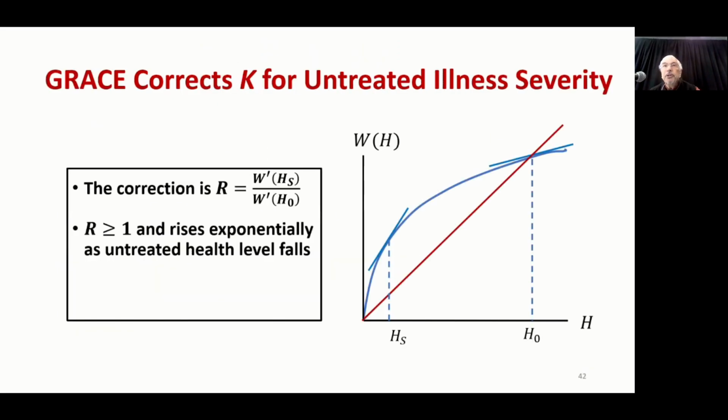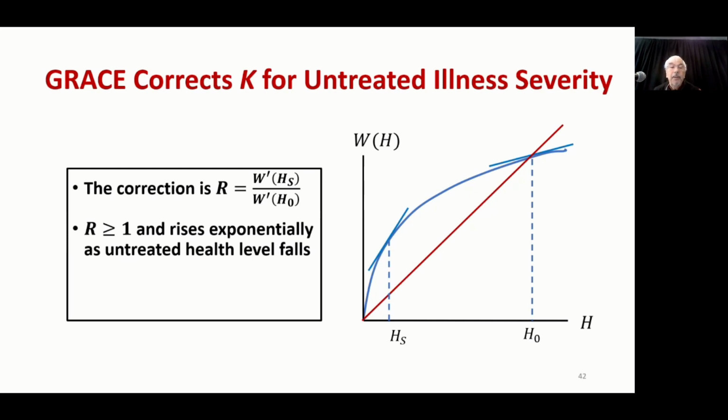Now, there is a correction that's built into Grace for severity of illness. And it's based on the fact, again, that you have diminishing returns. So if you start out with the marginal utility of health, the slope of the blue line at the upper part at perfect health, H naught, you see that slope is fairly flat, the slope is small, and then as you get to more and more severe health, as you move to the left of the H sub S, the sick level, you see that slope increases, and the correction in Grace for the severity is the ratio of those two marginal utilities.